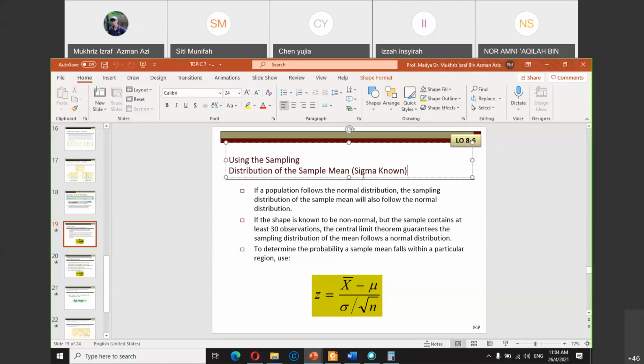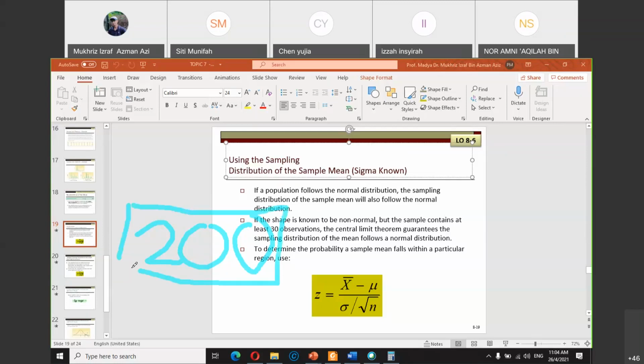If the information is known in advance from the population, this is what we call sigma known. Recall that our example just now is a sample of 200 UUM students, and we want to know how much they spend on food per month. From these 200 students, you can calculate the mean, or X bar, the mean of the spending on food.